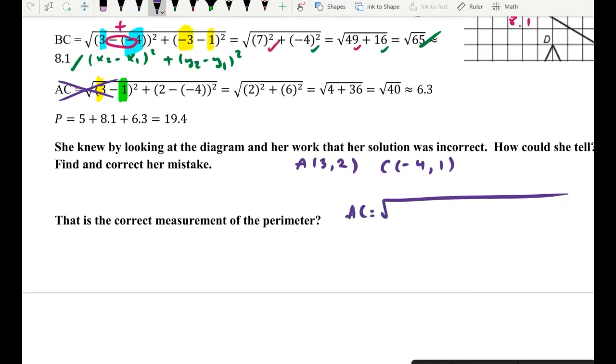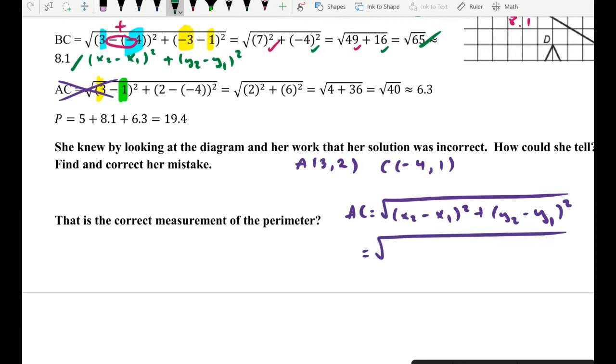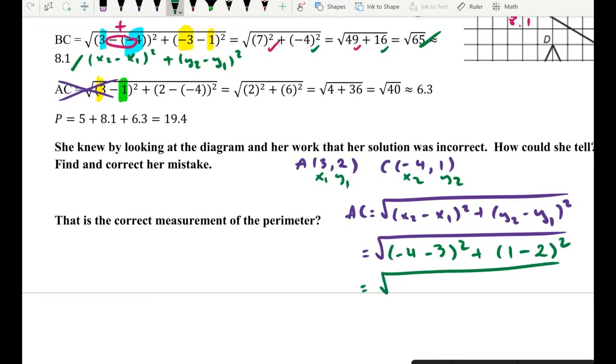AC is equal to the square root of x2 minus x1 squared plus y2 minus y1 squared. We label it x1, y1, x2, y2. x2 is -4 minus x1 is 3, squared, plus y2 is 1 minus y1 is 2, squared. That gives us -7 squared plus -1 squared, which is the square root of 49 plus 1, the square root of 50.